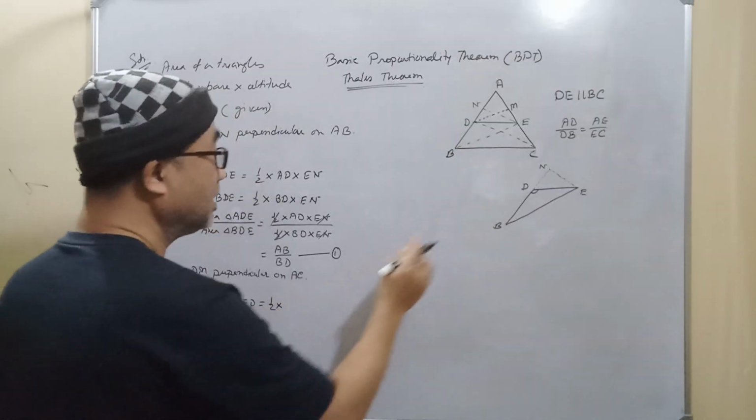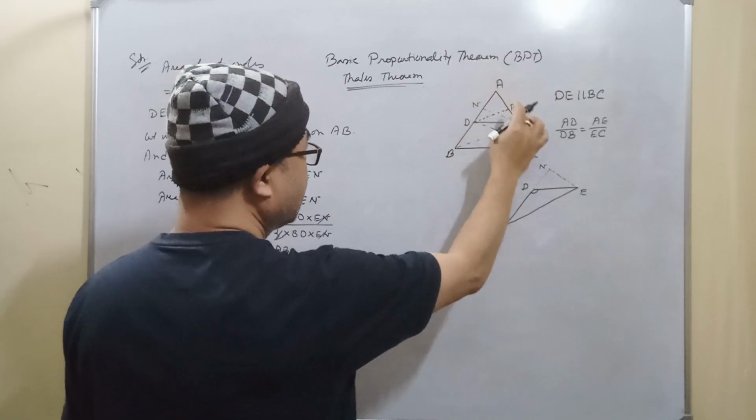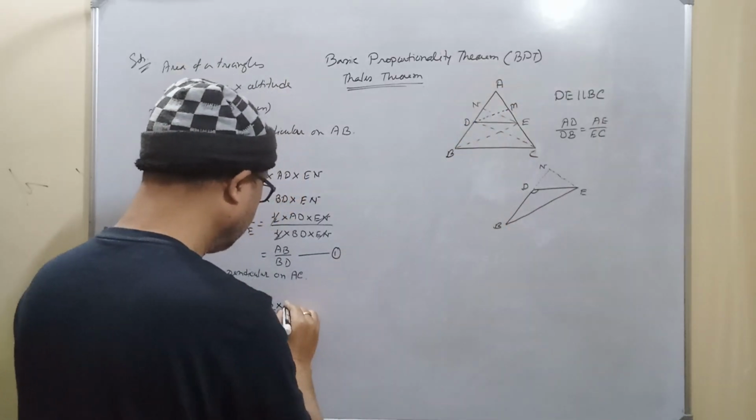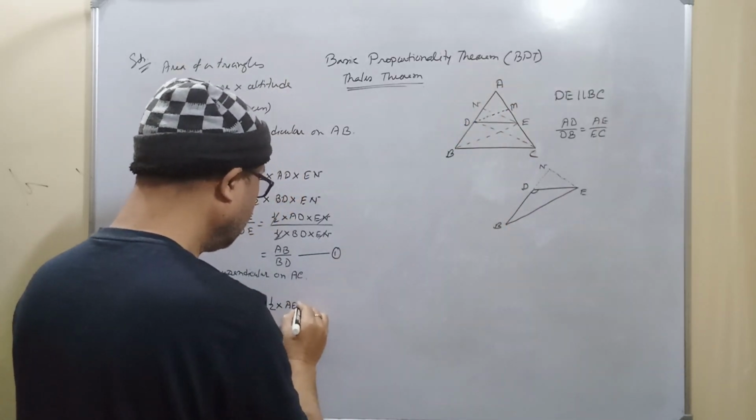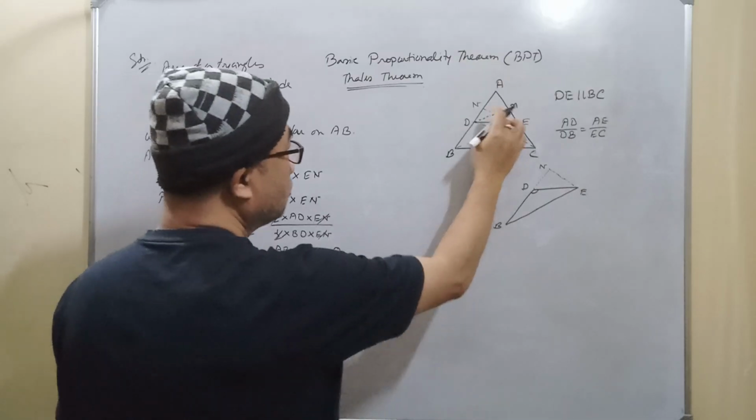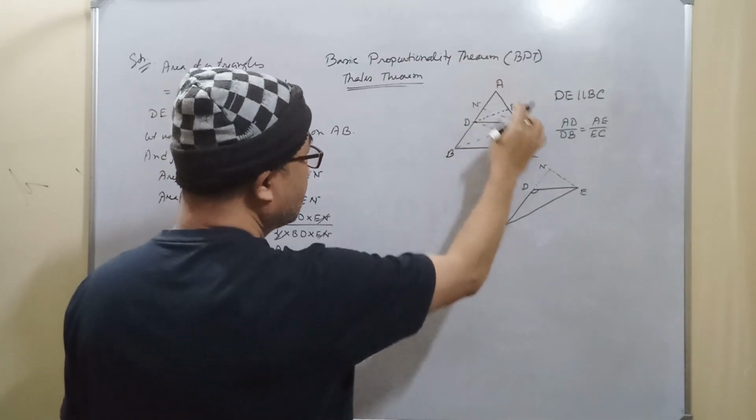Half of base. Let us take base as AE. What will be the altitude? Now the altitude will be DM because DM is perpendicular on AC.